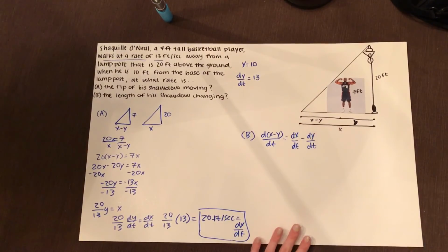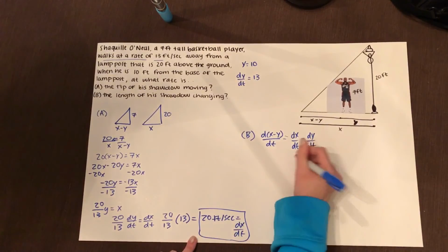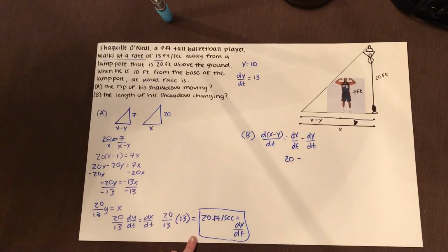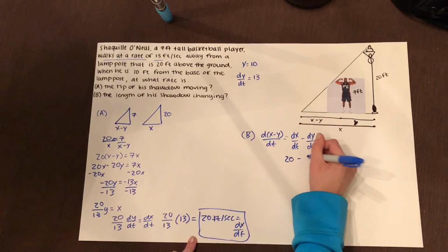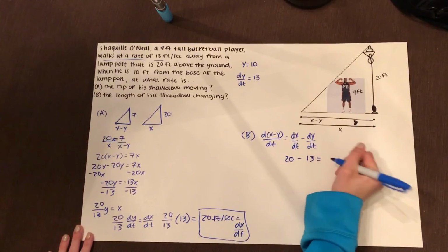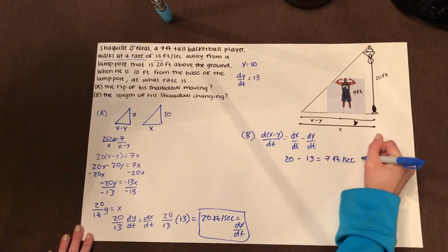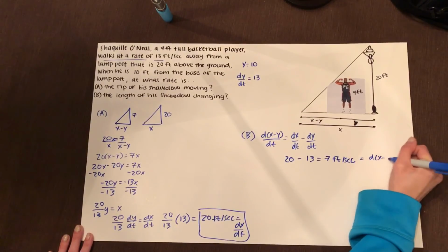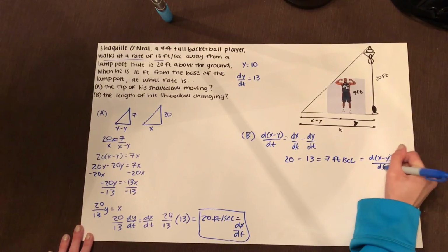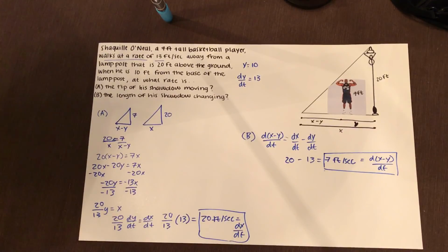So now you substitute for what you already know. dx/dt, what we found in part A, was 20 feet per second, and your dy/dt was 13 feet per second, the rate at which he walks. And that will give you 7 feet per second equals d(x minus y)/dt. So that lets us know that the length of his shadow is changing at a rate of 7 feet per second.